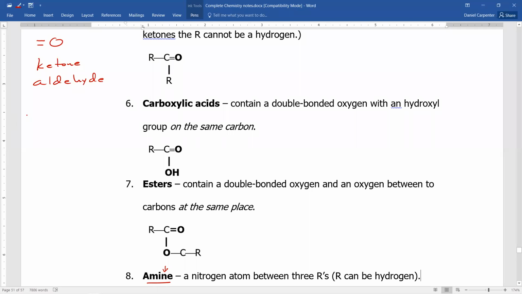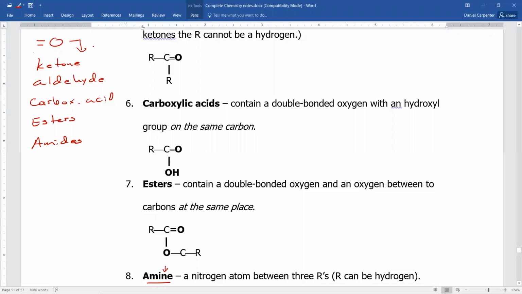It's in carboxylic acid. Esters. And amides. So you can have a double bonded O in all of those.